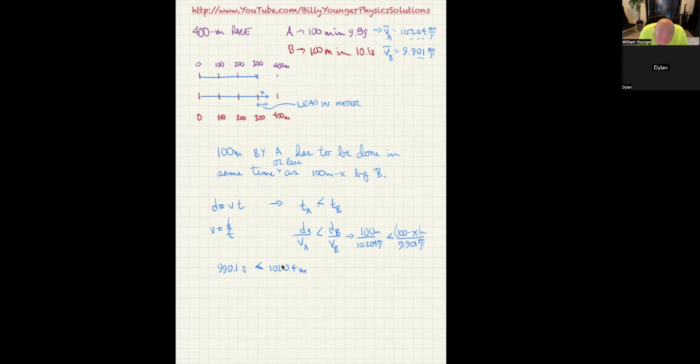I'm cross multiplying here too, by the way, but now I'm multiplying by the 100, and then I got to distribute it to the minus X. So it's going to be minus 10.204 X. Do you follow what I did there, Dylan? Yes.